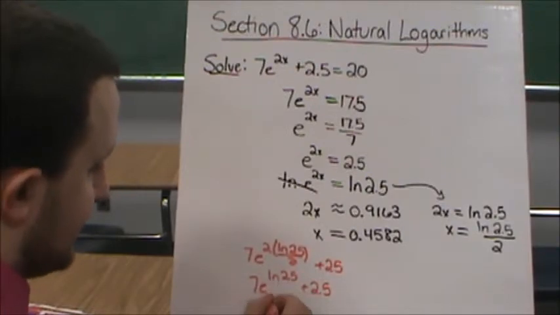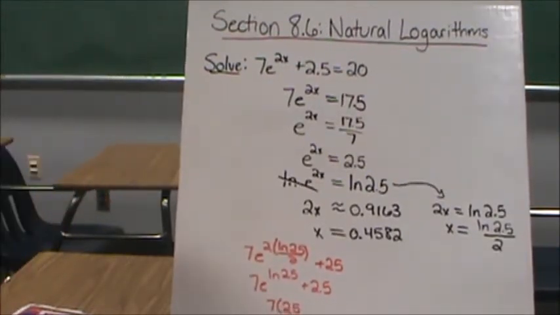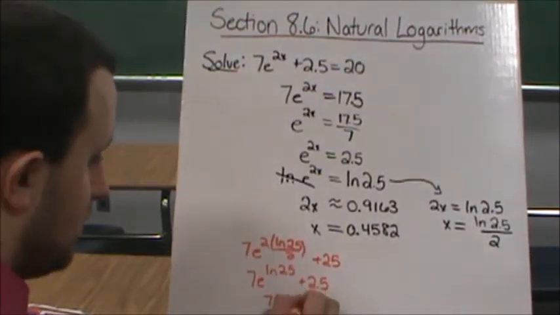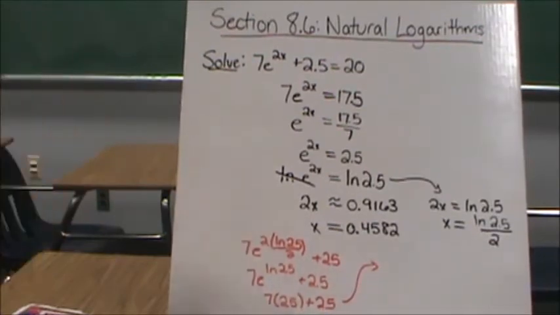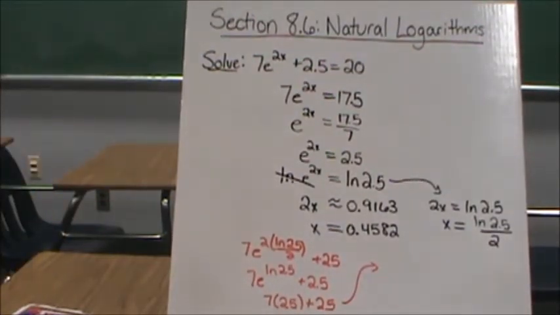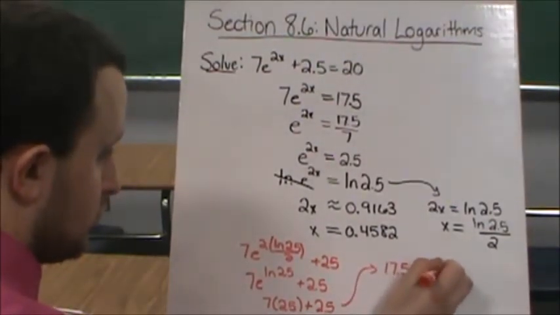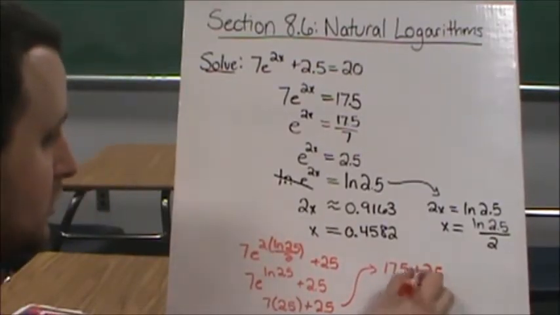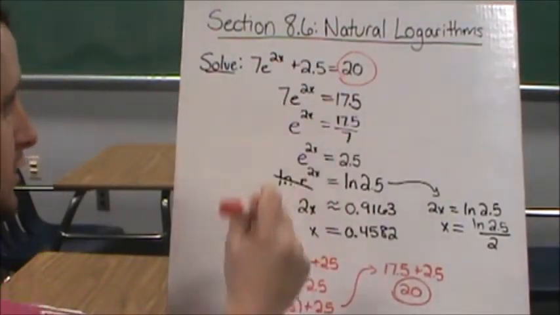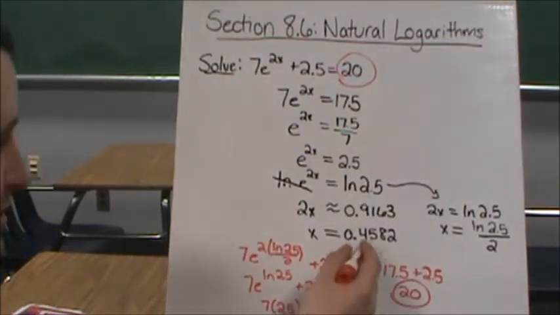The e's and the ln's cancel, so you get 7 times 2.5 plus 2.5. Well, 7 times 2.5 will give you 17.5, plus 2.5 will give you 20. So I have a 20 there, and a 20 there. So this answer is right, and this answer would also be right.